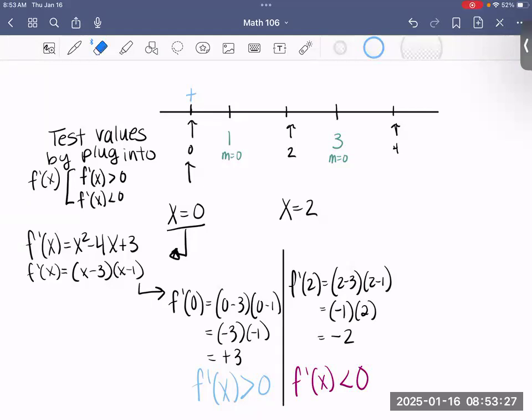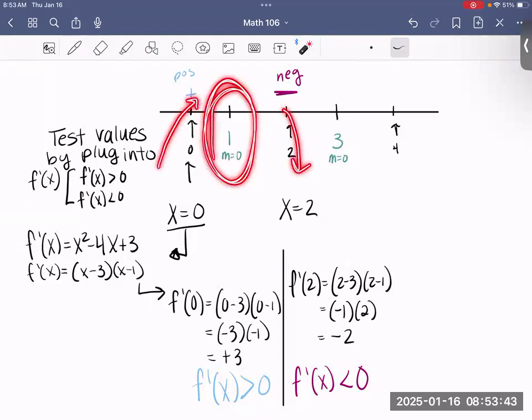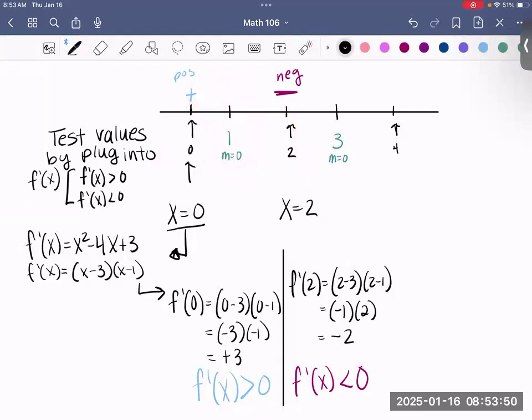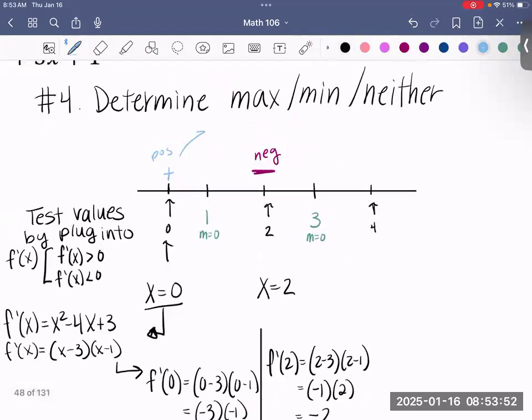We are negative. So we went from positive to negative. And then one more time. So actually, before I say that, when we go from a positive to a negative, what does that make this? Does that make it a max, a min, or neither? Well, if we went from up to flat to down, we now have a maximum.